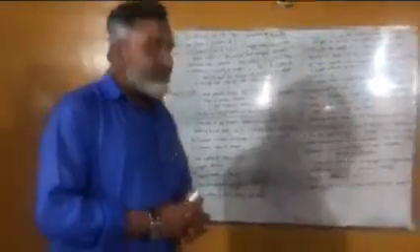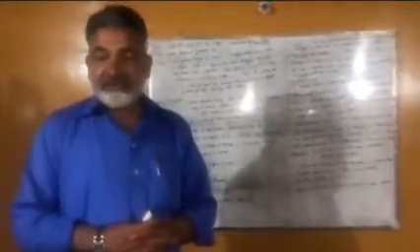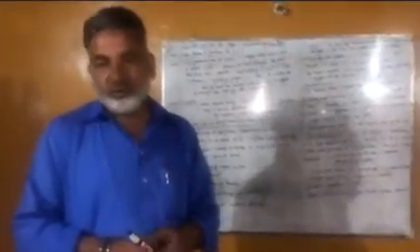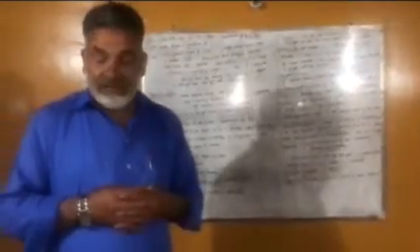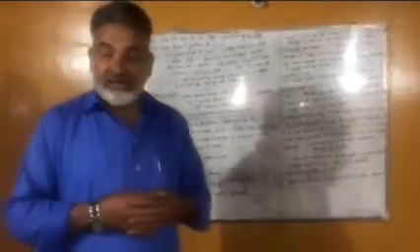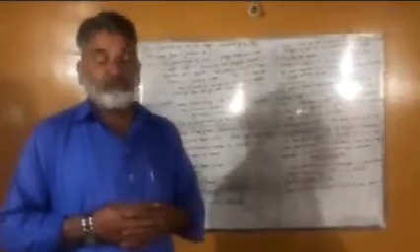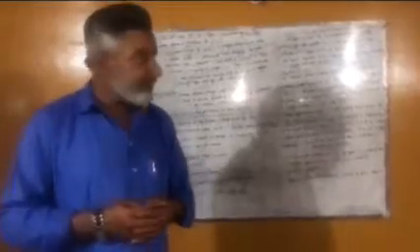For this, it created another organ, the Economic and Social Council. It has 54 members, elected by the General Assembly for a period of 3 years, and 18 members retire every year.